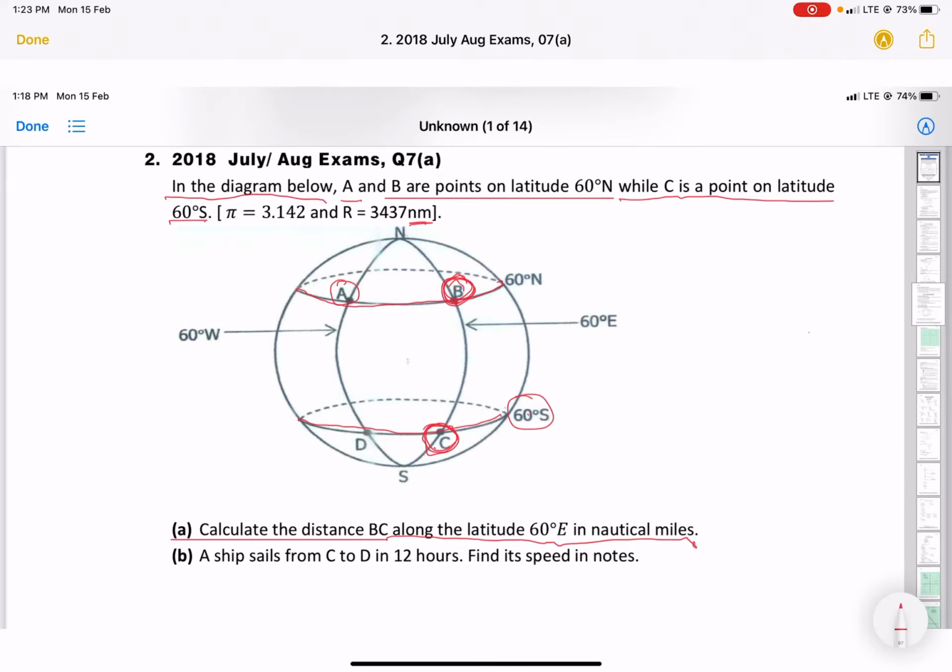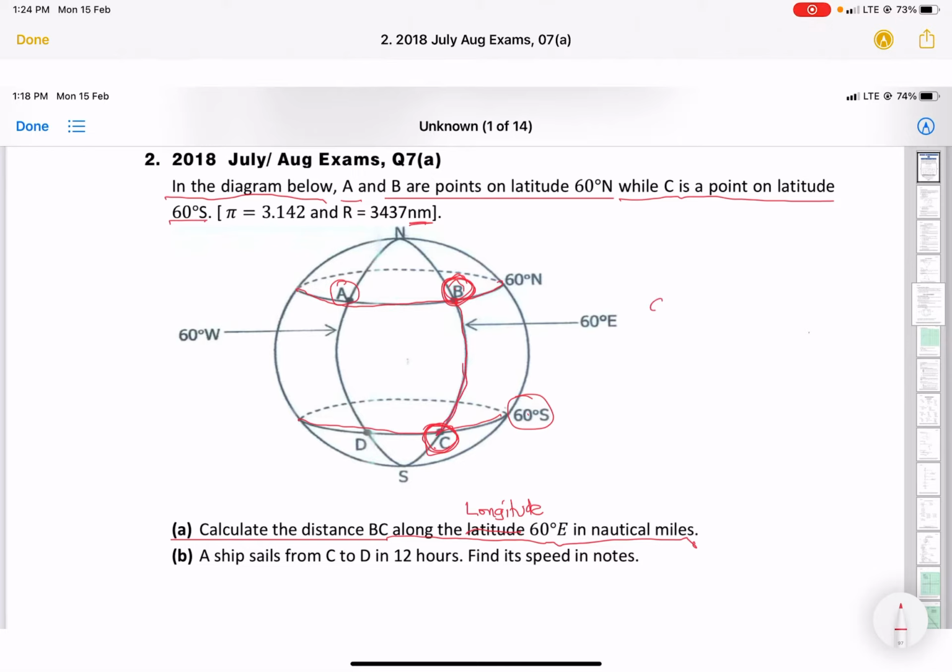When you're finding distance along the longitude, actually here it was a typo, it was supposed to be along the longitude. We're finding the distance BC, which is distance along the longitude.